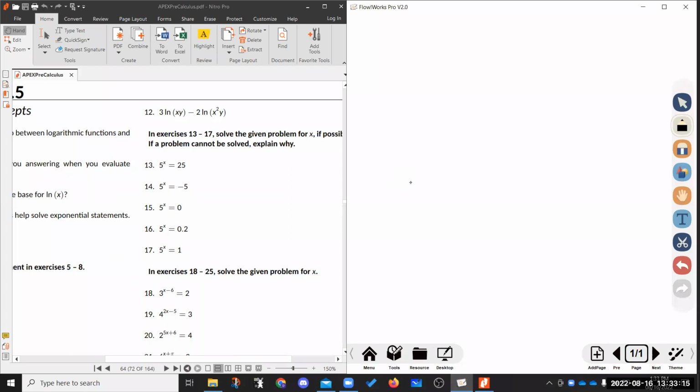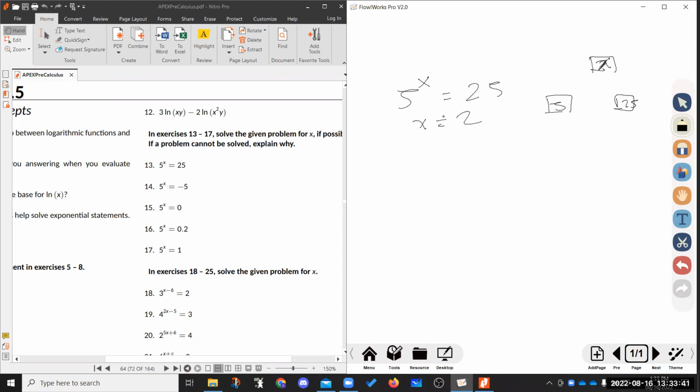Solve the problem if possible. If the problem cannot be solved, explain why. 5 to the x is equal to 25. So our triangle of power should help us here. 5 to what power is equal to 25? The answer here is x is equal to 2.